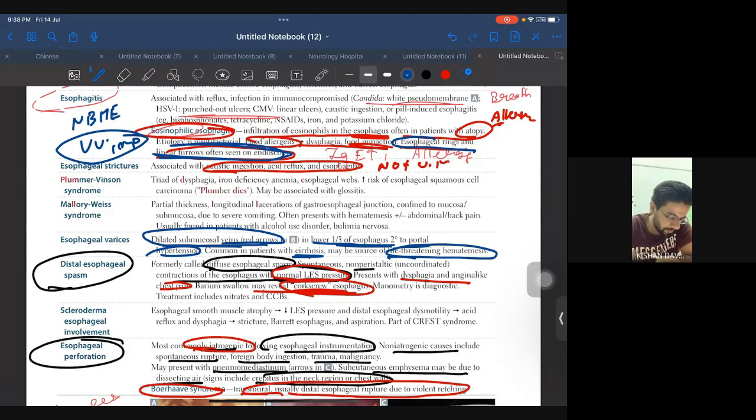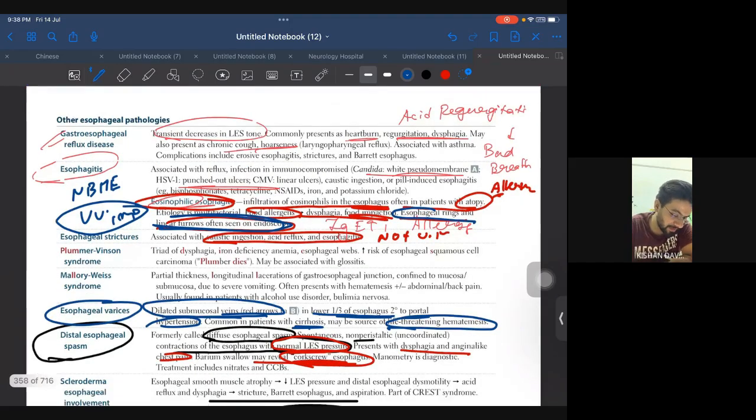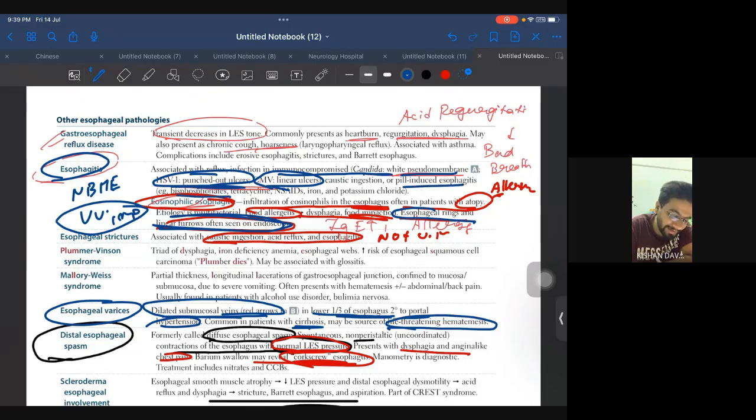Okay. Next one is GERD. No, before that, esophagitis. Associated with reflux, and infection in the immunocompromised: Candida gives white pseudomembrane, HSV1 may cause punched-out ulcers, CMV may cause linear ulcers. Pill-induced esophagitis can be due to bisphosphonate, tetracycline, NSAID, iron, and potassium chloride. All of this is very important.